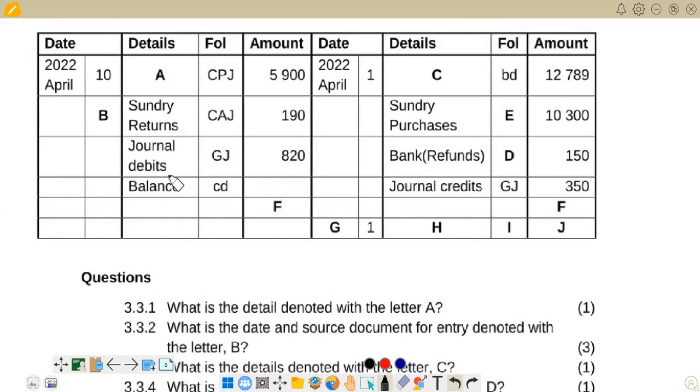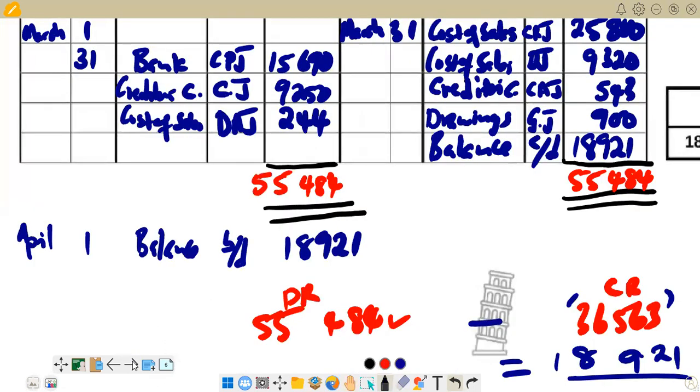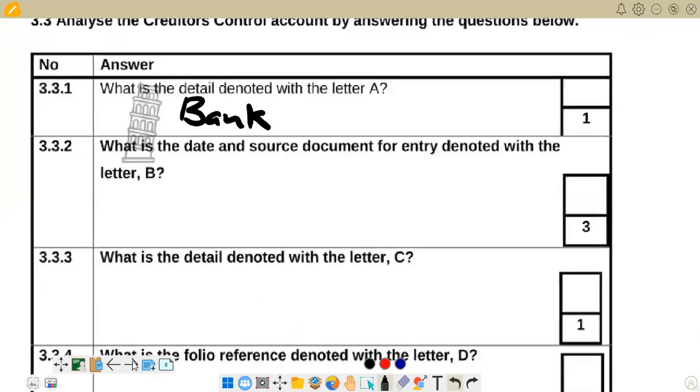So remember, all journal entries, like what I was explaining, we put the last date of the period. This period is April, so B is 30 April. So we are going to enter that one as 30. 30 is our answer.